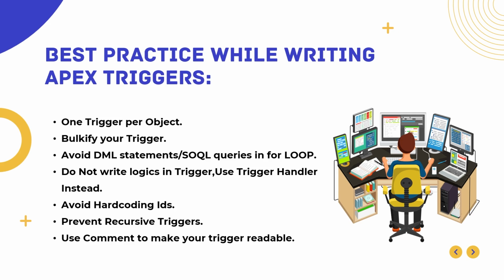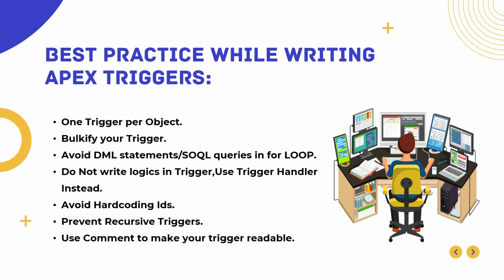And avoid hard coding IDs. We should not write any kind of hard coded IDs, whether for a record type or a user, because when we go to production it will be different. That's the reason. Next, prevent recursive triggers.